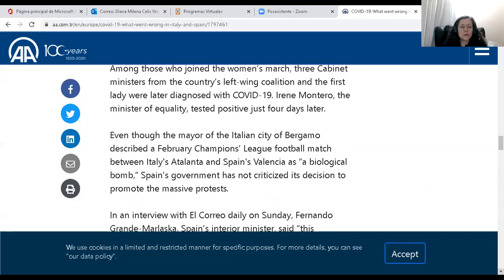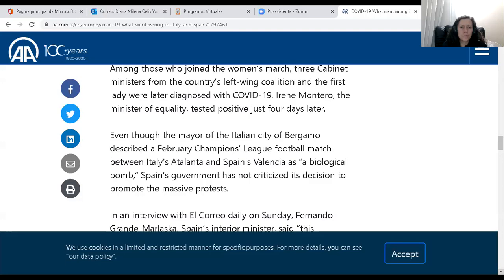Among those who joined the Women's March, three cabinet ministers from the country's left-wing coalition and the First Lady were later diagnosed with COVID-19. Irene Montero, the Minister of Equality, tested positive just 4 days later.